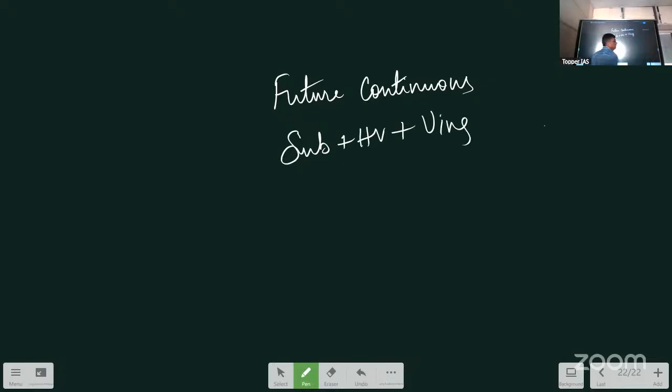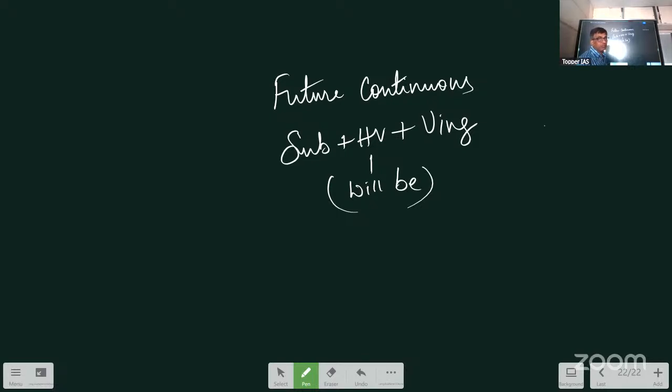Same structure. But how do I differentiate between present continuous, past continuous and future continuous? The helping verb will be will be, not only will. It should be will be. Then it is future continuous.